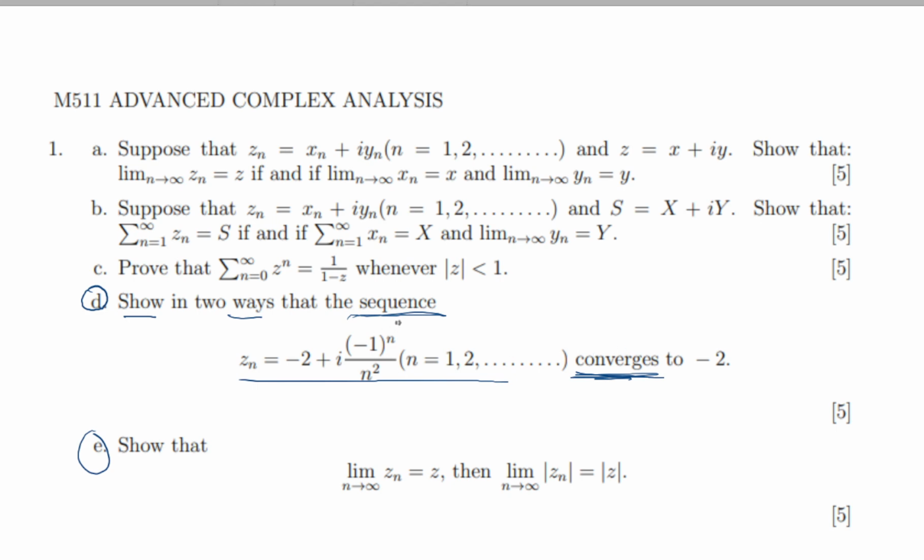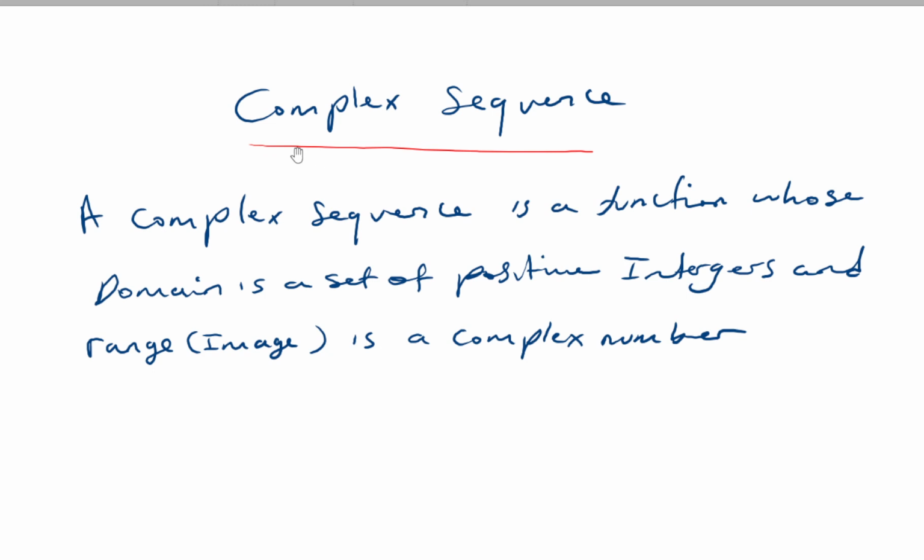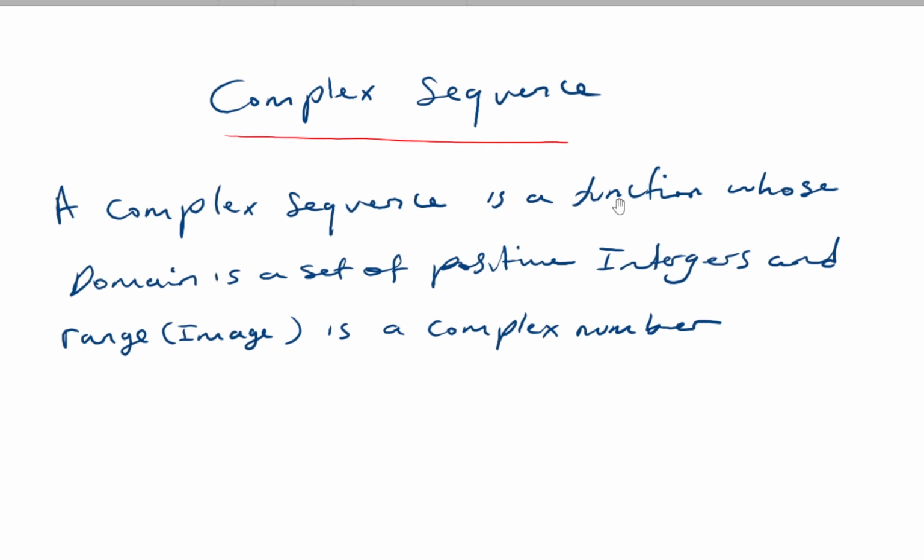So, what is a sequence? Well, a sequence of complex numbers is simply a function whose domain is a set of positive integers.